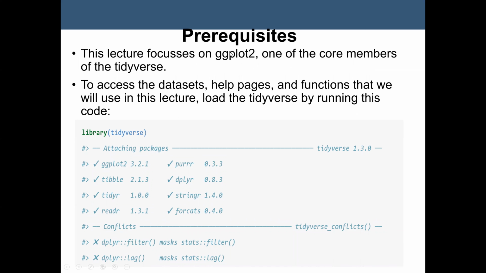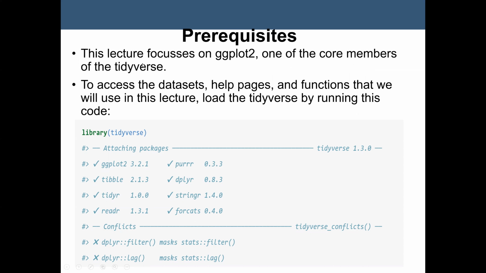The prerequisite to do a data science task is, first, our data set. This lecture will focus on ggplot2, which is one of the core members of the Tidyverse. Tidyverse is an R package.